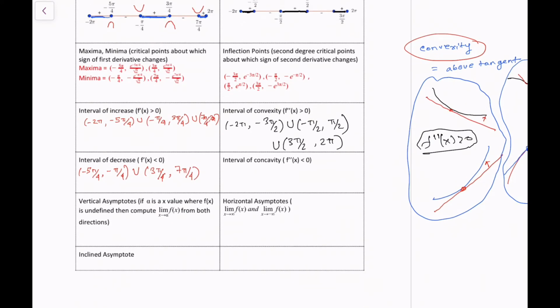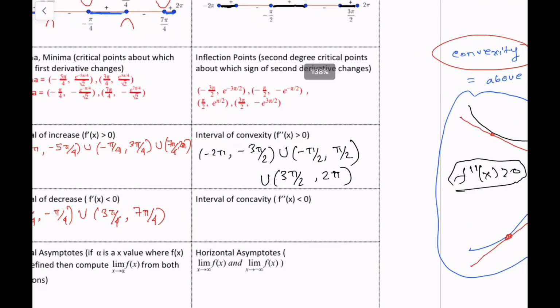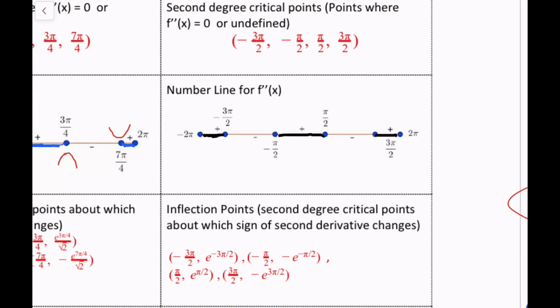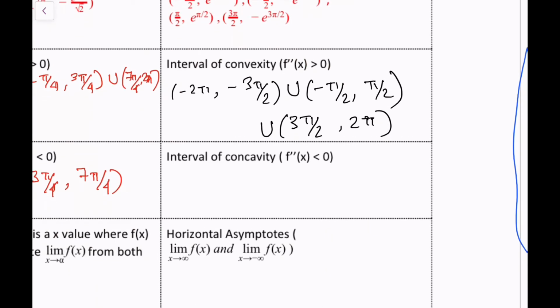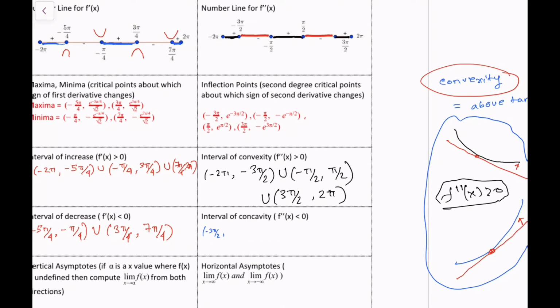Similarly, we will have intervals of concavity, that is where the second derivative is negative. So we can again read it off from the number line, and that would be negative 3 pi by 2 to negative pi by 2 union pi by 2 to 3 pi by 2.